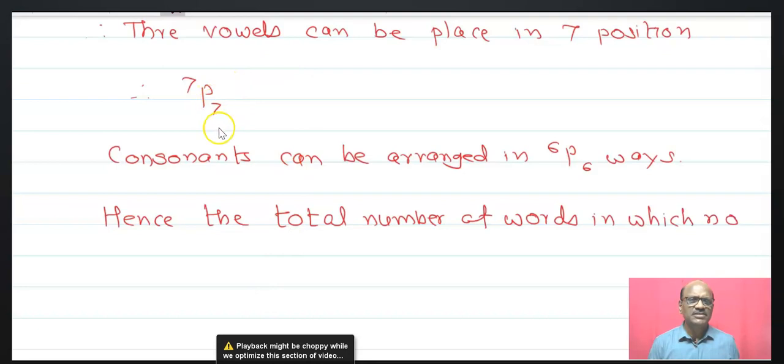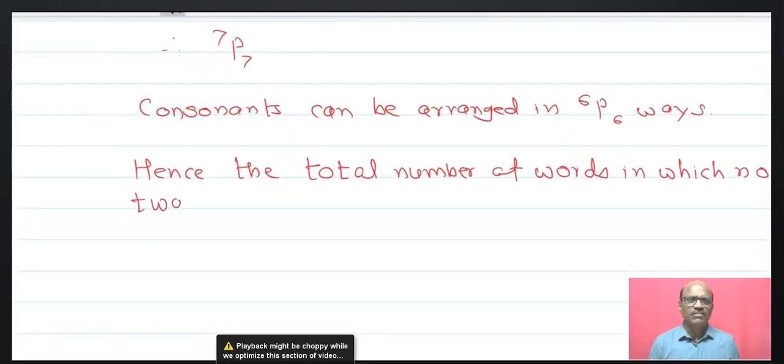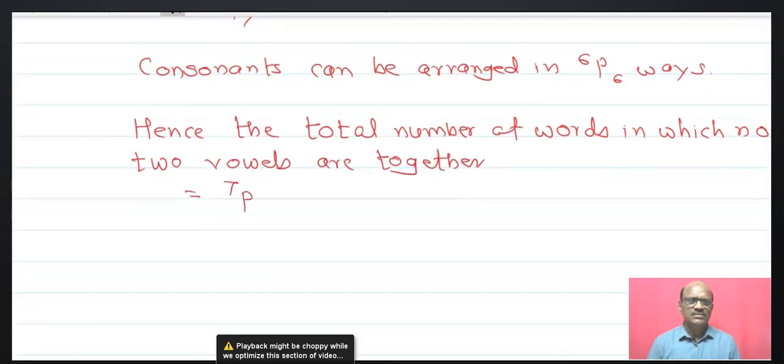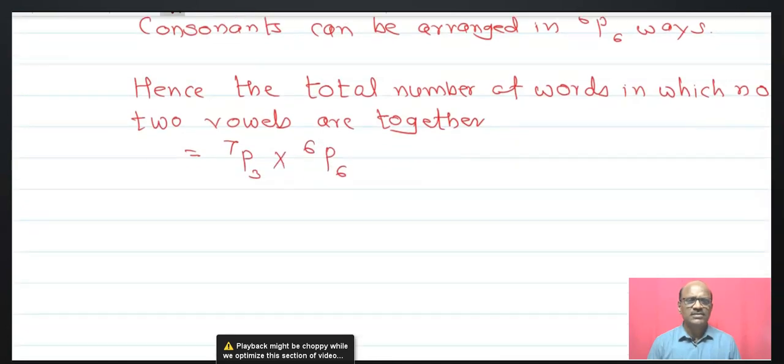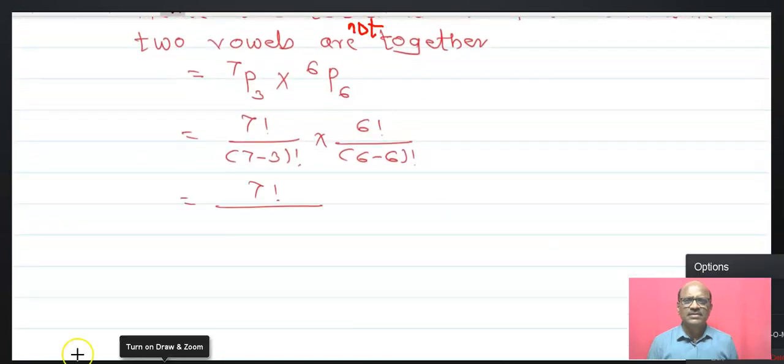Hence, the total number of words in which the vowels are not together. Now here I forgot to write that the vowels are not together, therefore it is written as 7P3 into 6P6. Now see this here.